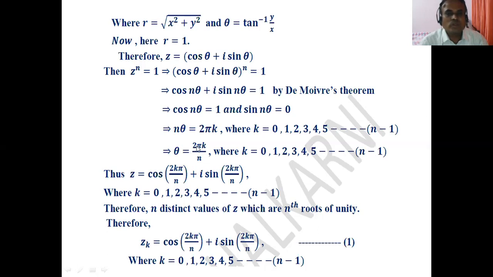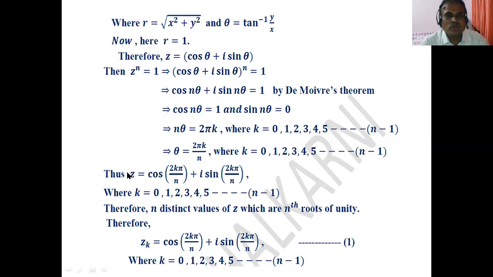Now putting the values of theta in the above equation, z equals cos of 2k pi upon n plus i sin 2k pi upon n. So there are n values of k, where k equals 0, 1, 2, 3 up to n minus 1.